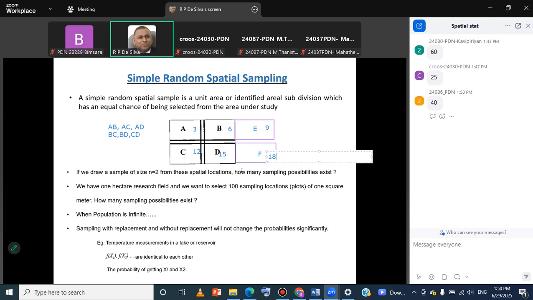So this is the kind of die that you throw: 3, 6, 9, 12, 15, 18.